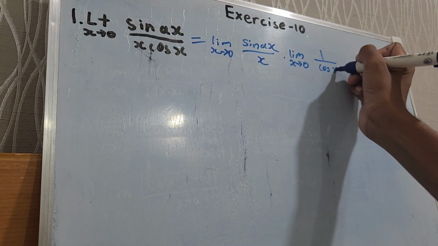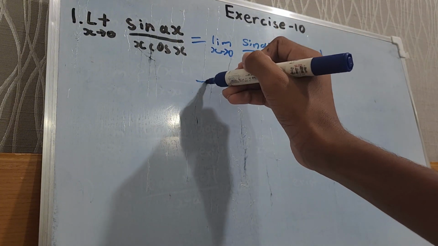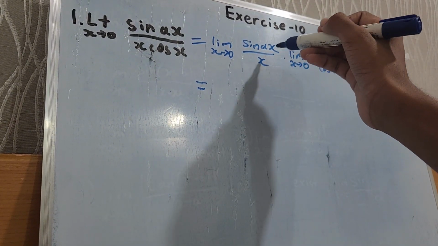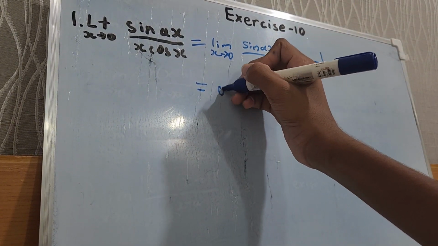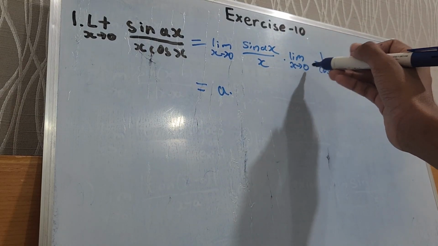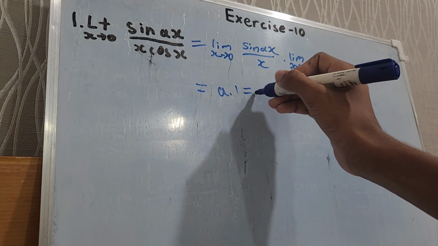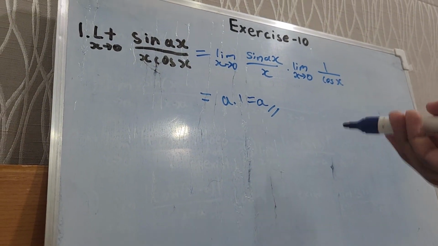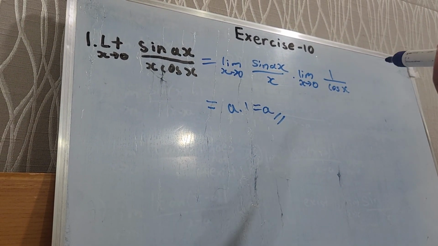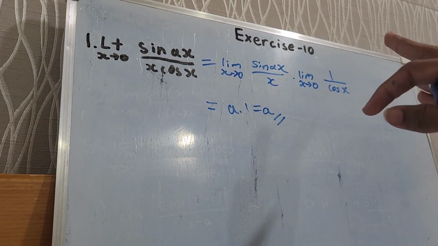Sine ax by x is a, into 1 by cos 0, which is 1 by 1, so it is equal to a. That's the first question. It's easy, right? Just remember the formula and you can do it very easily.